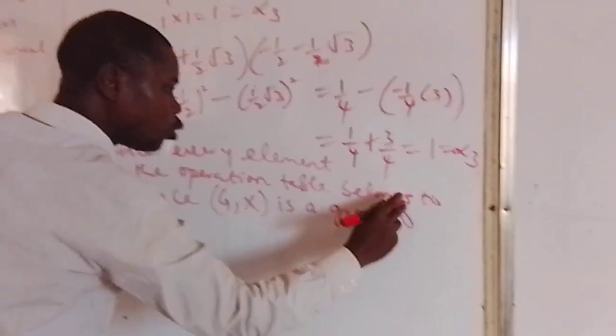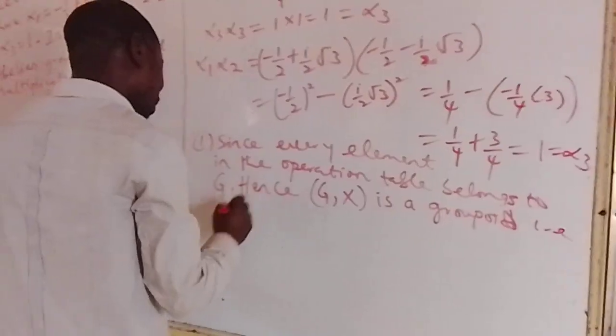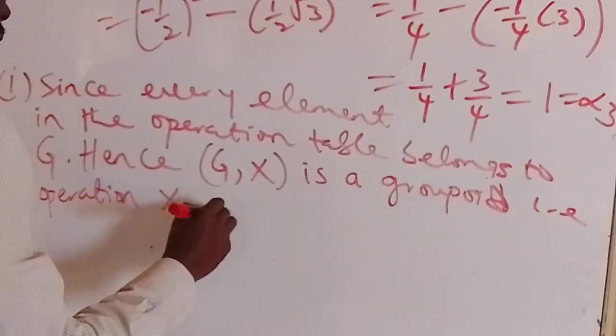So when I say it is a groupoid, what does that imply? That is, the operation multiplication is closed.